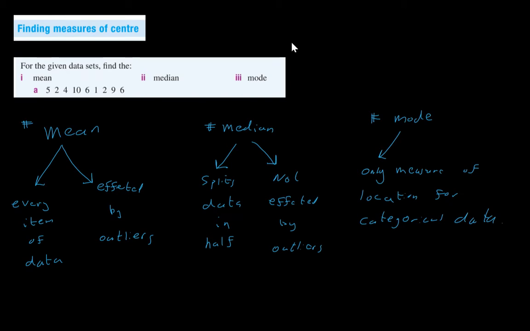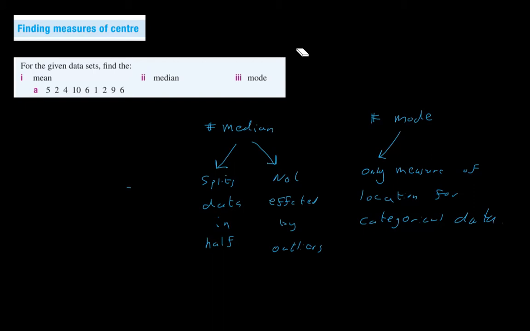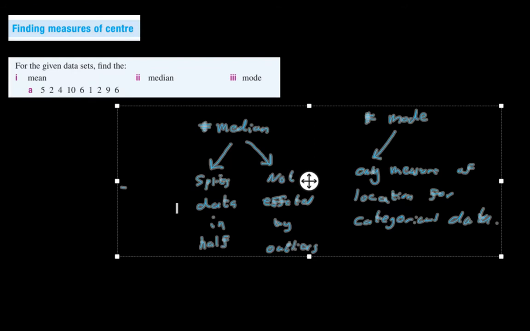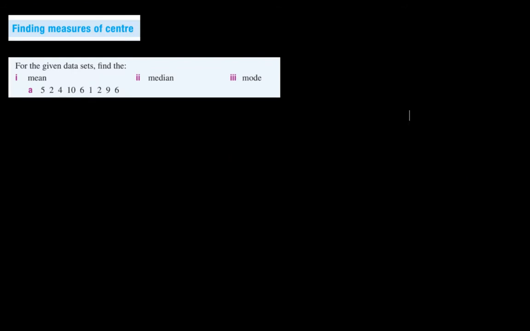Let's have a look at the effects each statistic has on skewed data. I always start off with the symmetric data.